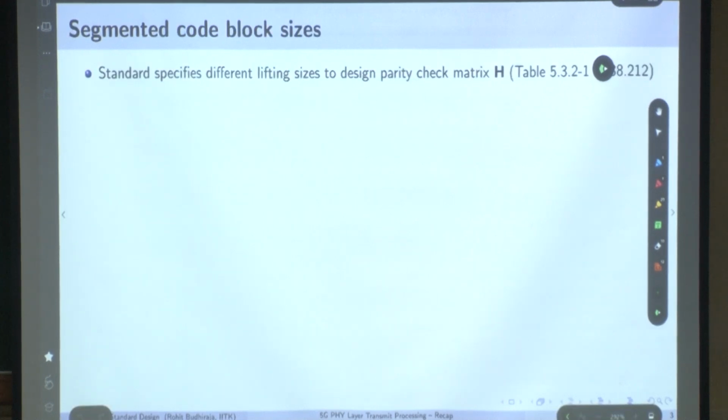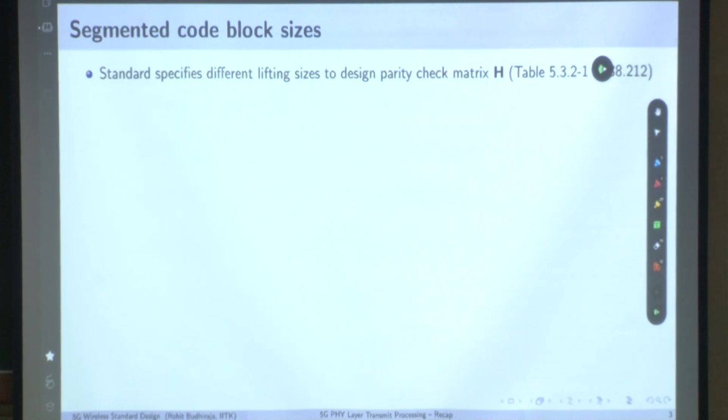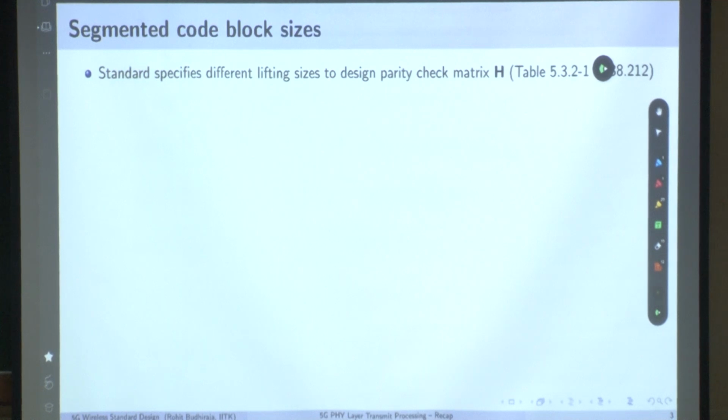So now we have to jog back into our memory. LDPC needs to encode this, and how does the LDPC encoder work? It works by generating something called the parity check matrix. This parity check matrix cannot be generated for any arbitrary input code block length.